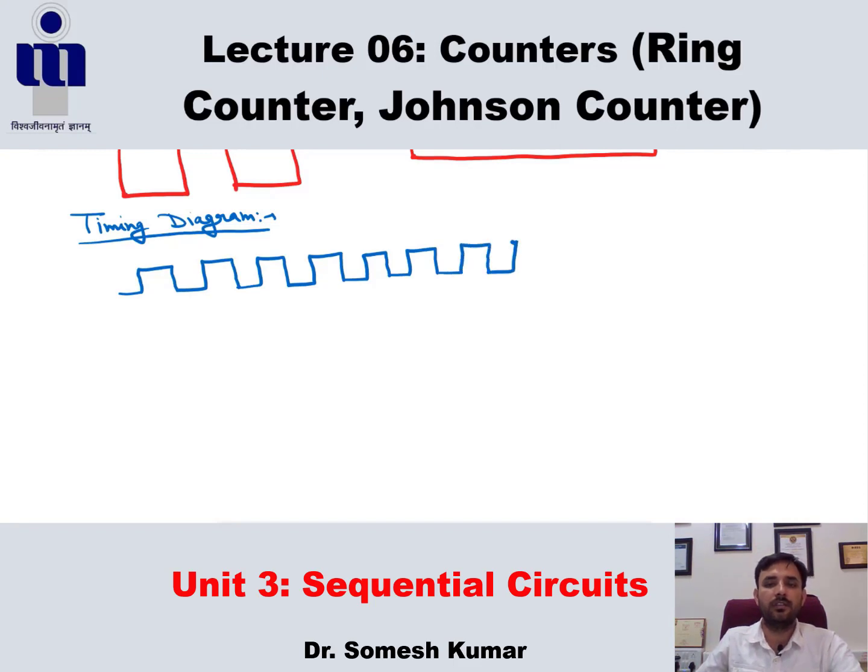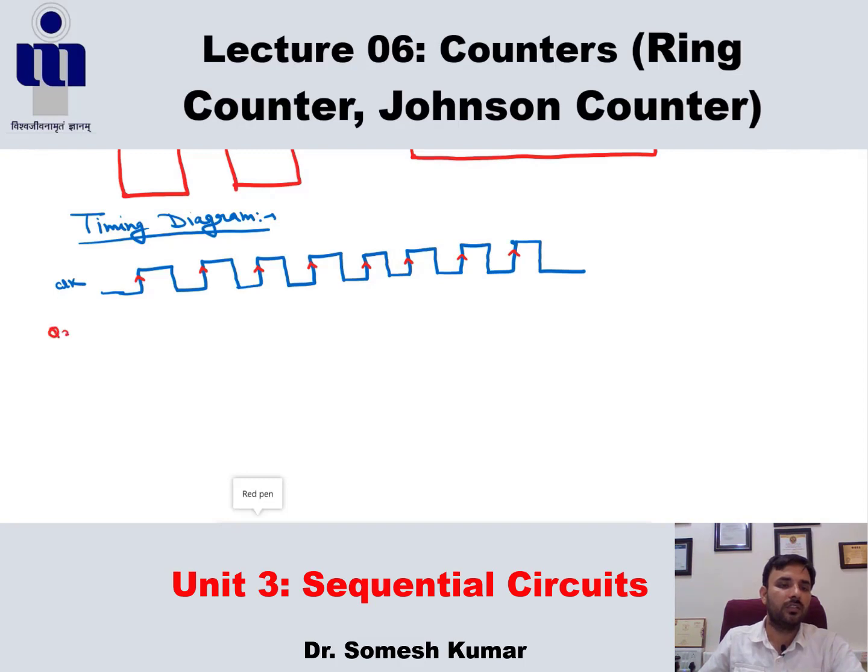So this is our clock here. I am saying this is positive edge triggered. It may be negative edge triggered, it will not affect the operation of our ring counter. So this is our positive edge.